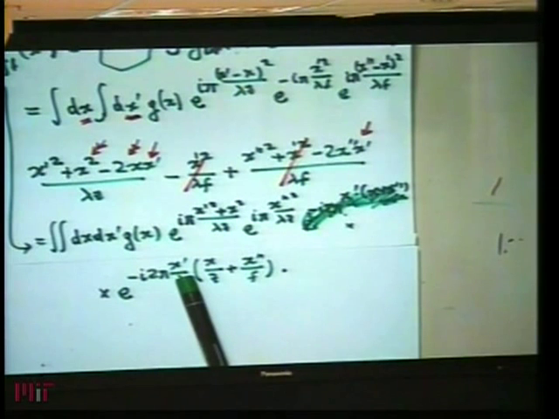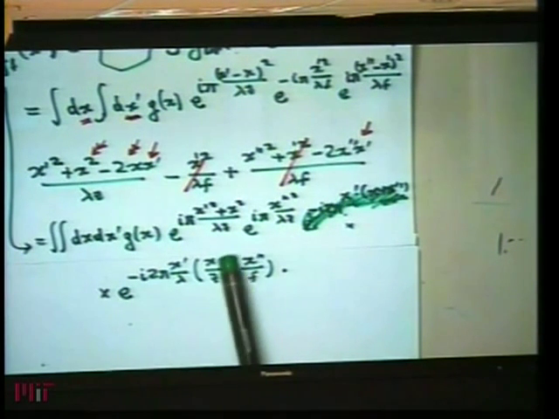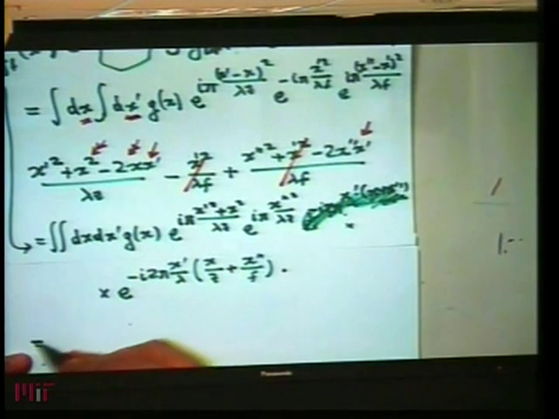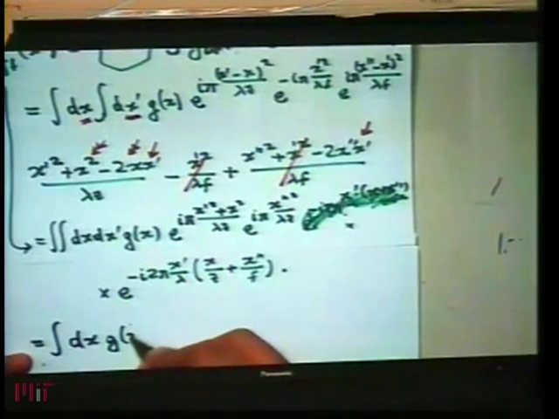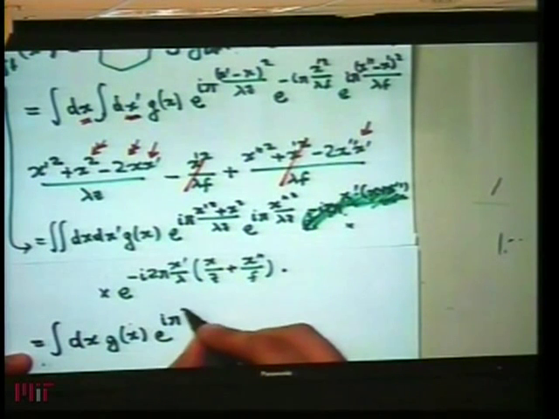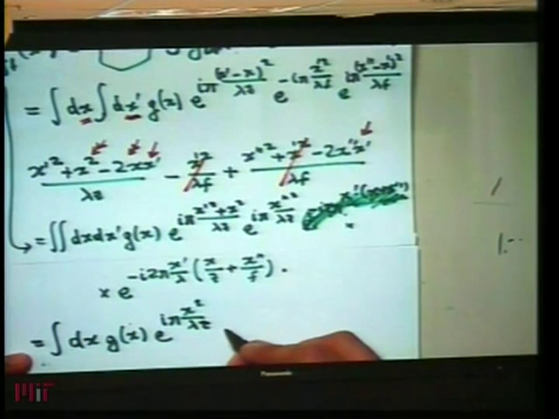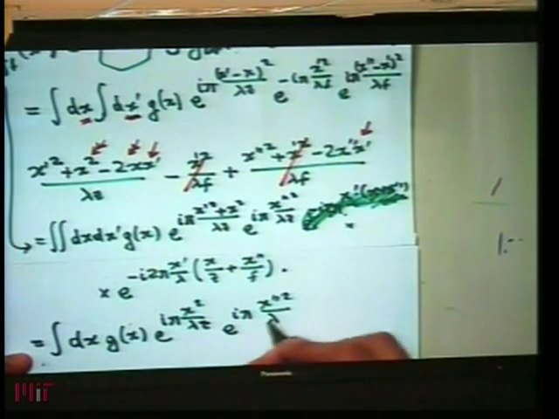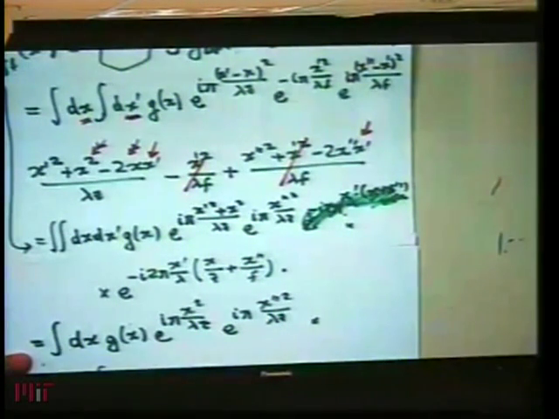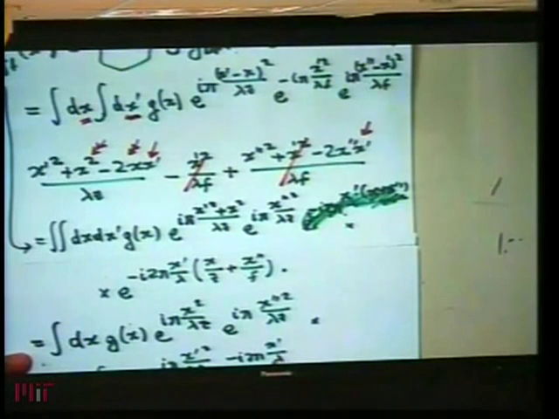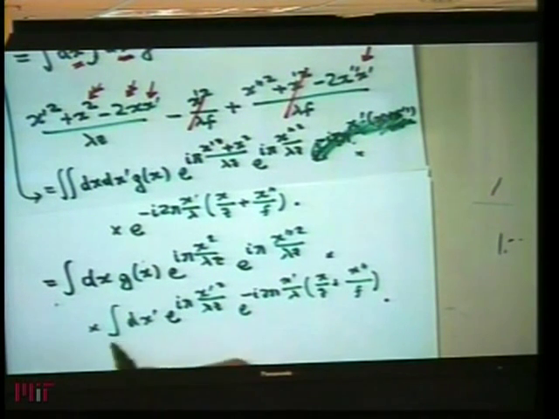Let me write it like this. Okay. So the glaring integral that I was referring to before is this one.